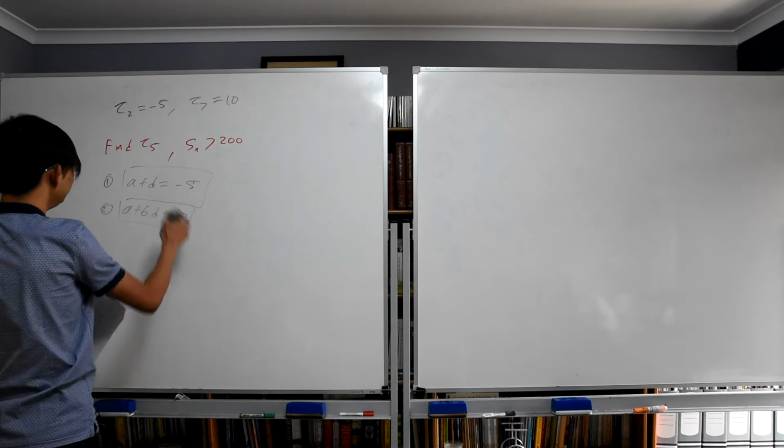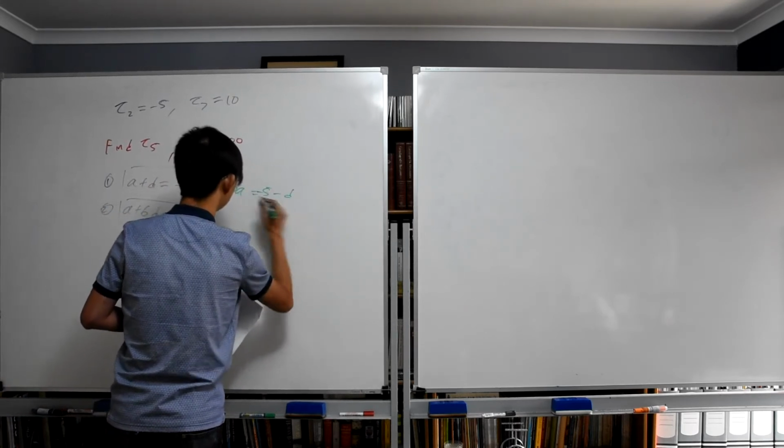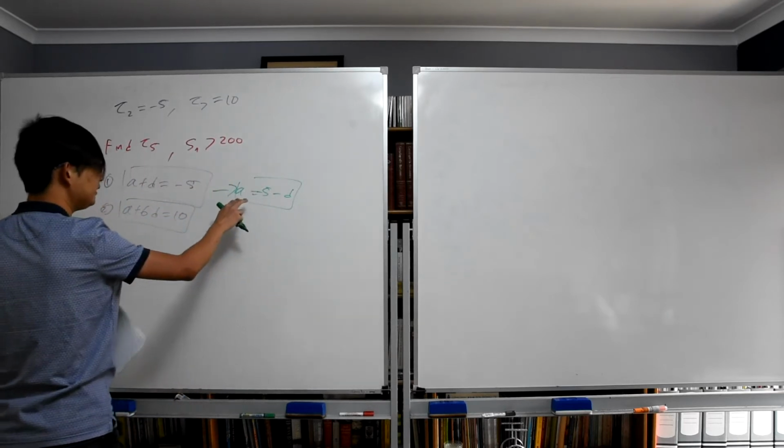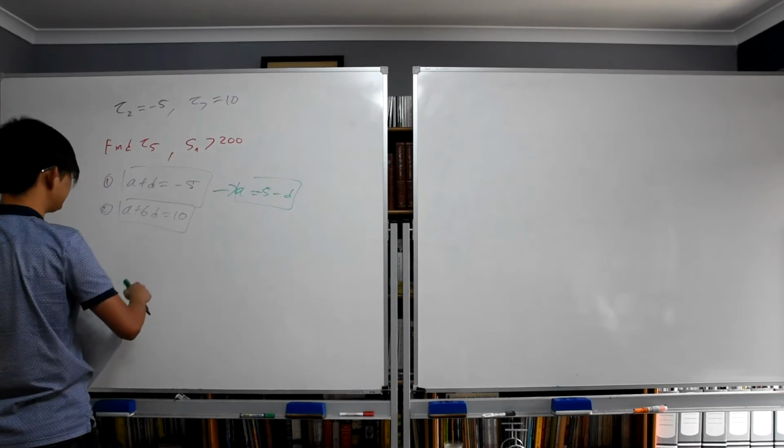From equation 1, we see that a equals -5 minus d, so let's simply substitute it into equation 2.